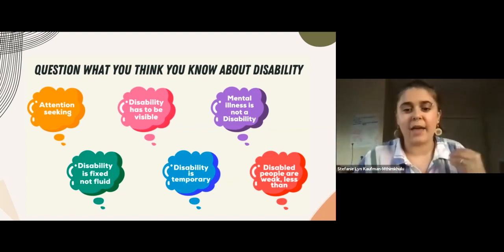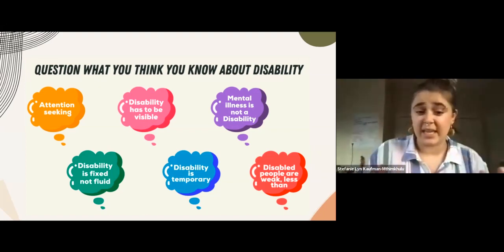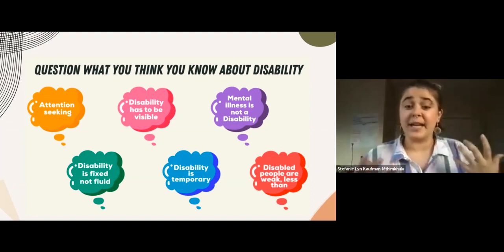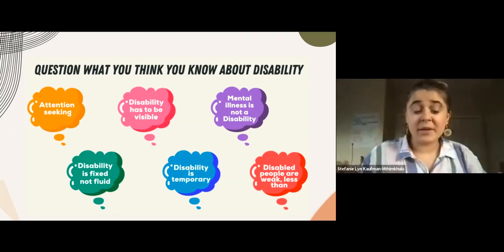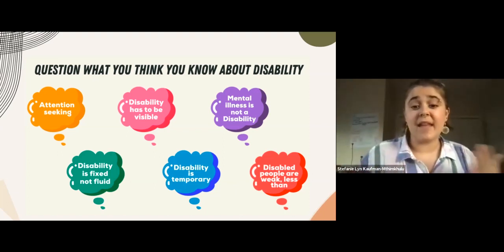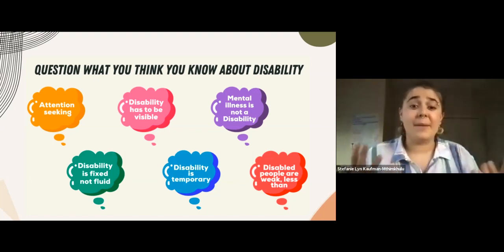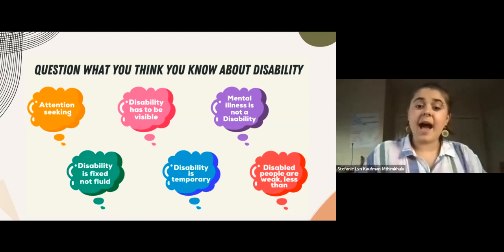So we want to be pushing back if we are thinking about disability as something that's solely attention seeking, or that disability has to be visible. Some people have very visible disabilities. Let's say you have a seizure disorder. That's sometimes an apparent disability, right? If I'm actively having a seizure, other people can see that.